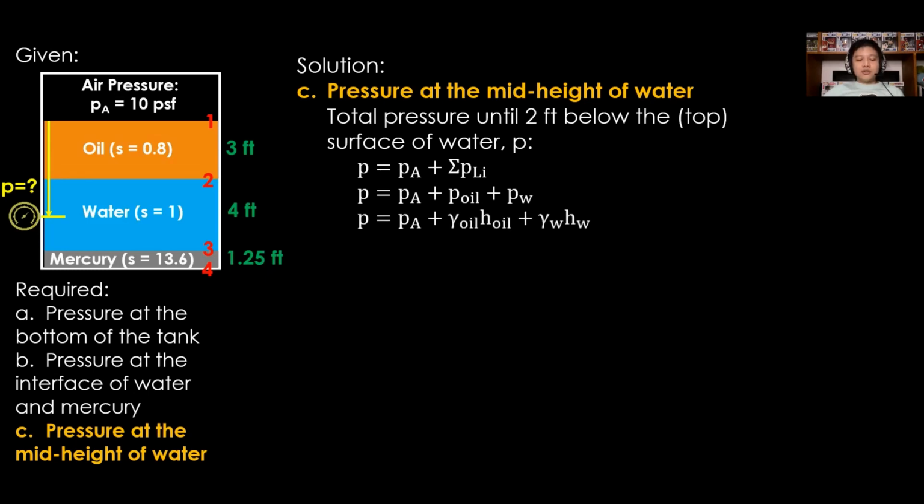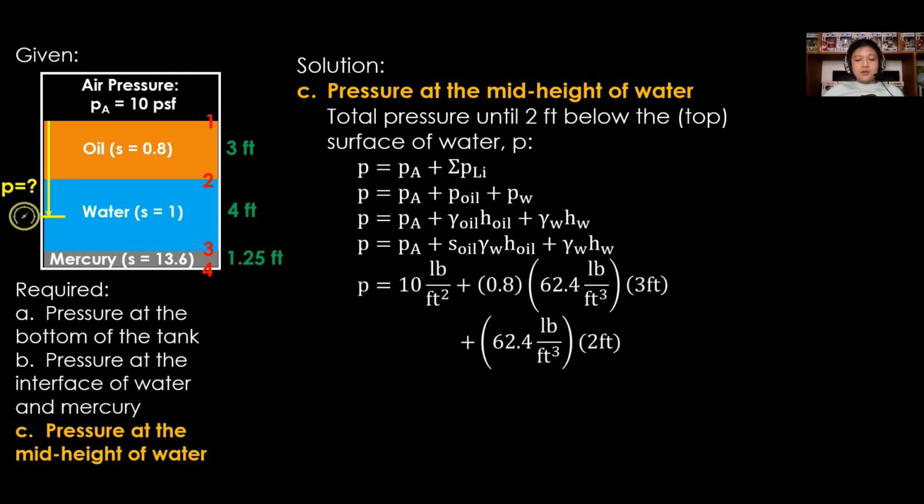So for the pressure, again, P is equal to gamma of the liquid times the corresponding height. So for unit weight of liquids, consider the formula of specific gravity again, that is gamma equal to the S of the liquid multiplied to gamma of the reference fluid, that is water.